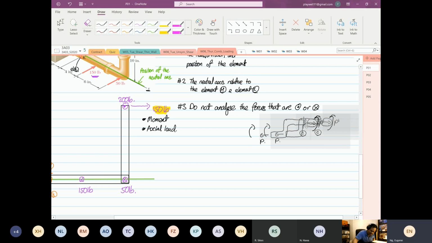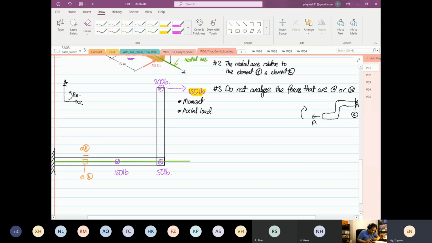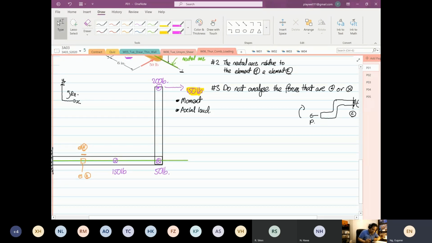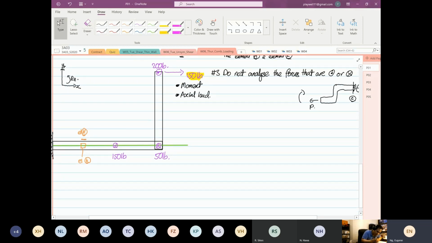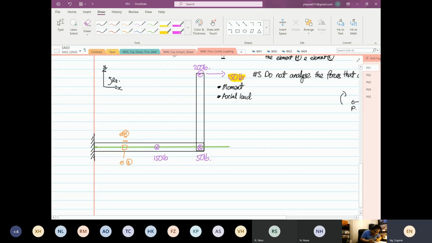So that is why the 150 will create a rotating moment. Okay. So at element H, if you look at how the structure will deform, the structure will deform in this direction. I'm going to draw how the neutral axis will deform.